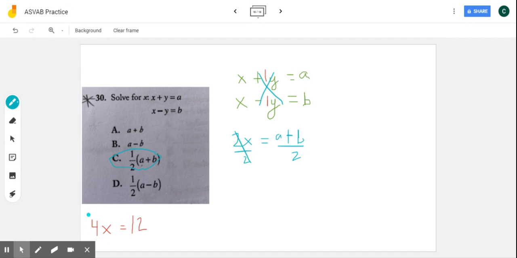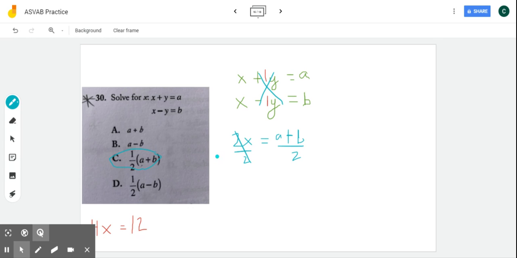This is one equation with one variable, so we can just go ahead and solve that. In this case, our variables were x and y, so we had two variables or two unknowns and two equations. And again, a and b, we're not counting those as unknowns because we're solving in terms of those numbers. So we're assuming that they're a constant or they're a number. They're not a variable.